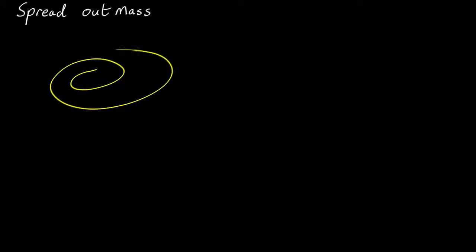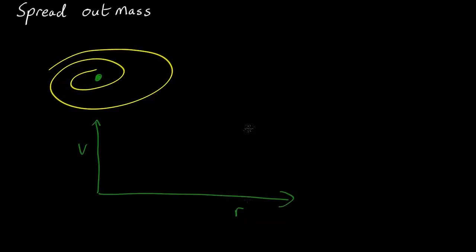We've seen that if a galaxy only had all its mass in the middle, so let's say here was a galaxy, but virtually all the mass was, say, in a giant black hole in the center, then if we plot velocity versus distance, we should get v equals root GM over r, which will look something like this going down.